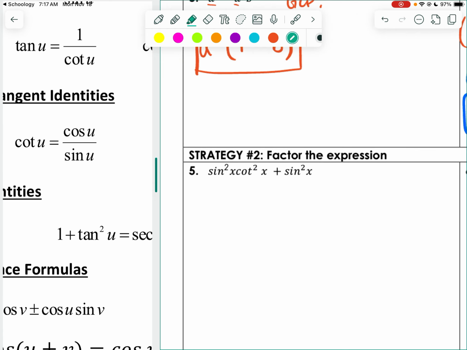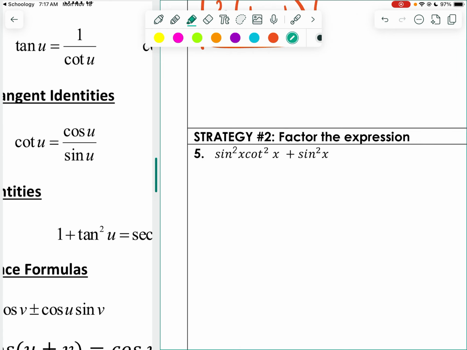So this one, you could break this down to sines and cosines, but I'm not sure how much it's going to help, and it might just be a longer way. I'm not saying you can't do it, because you can. What I want you to start recognizing is, if you have a plus or a minus, see if you can take something out.